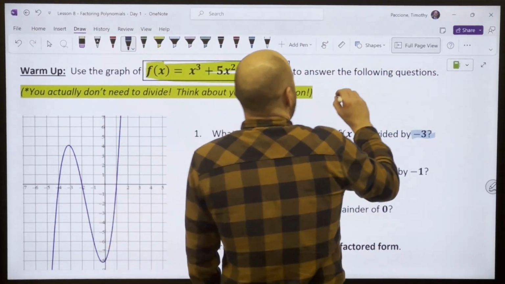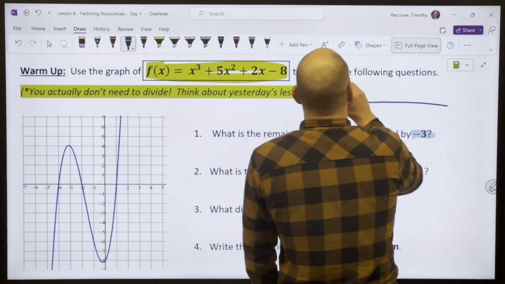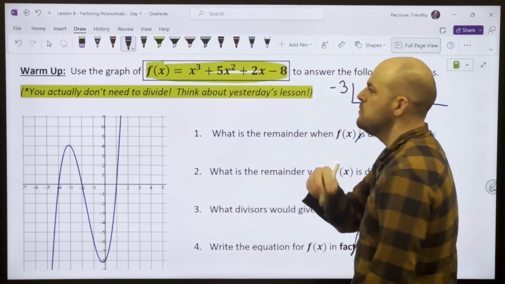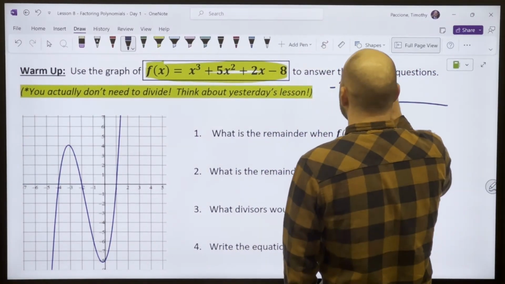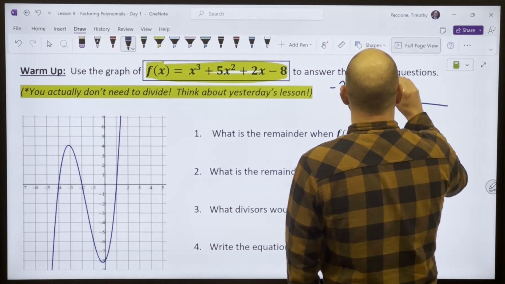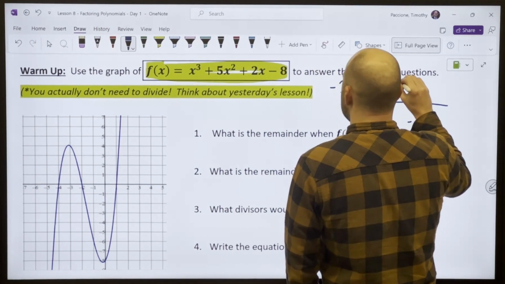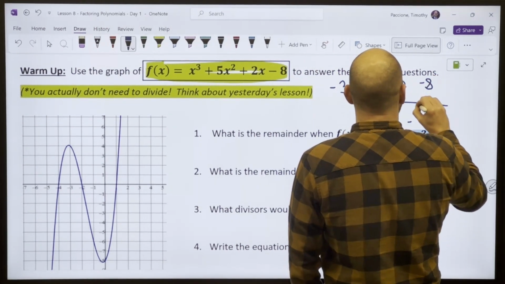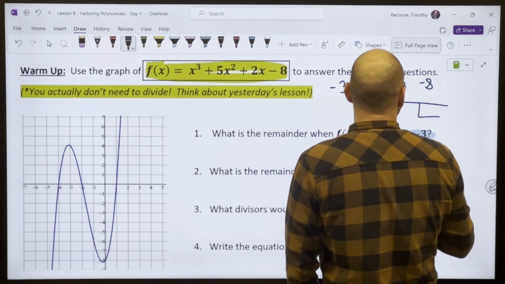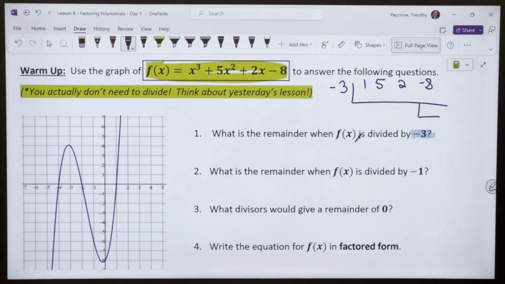So I would set up this thing: -3, put my coefficients in, 1, 5, 2, and -8. And then I'd have this little spot for my remainder. But that's the thing, I don't actually have to do this. The question is asking you to predict what that number would be without even doing the synthetic division, right?